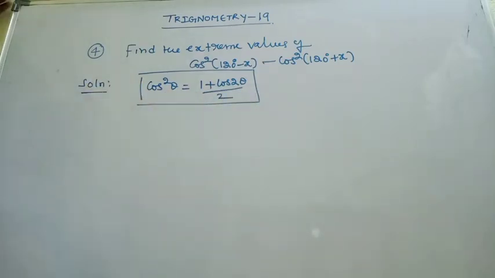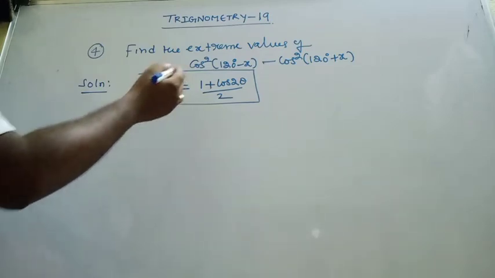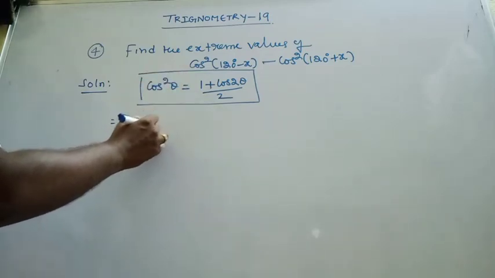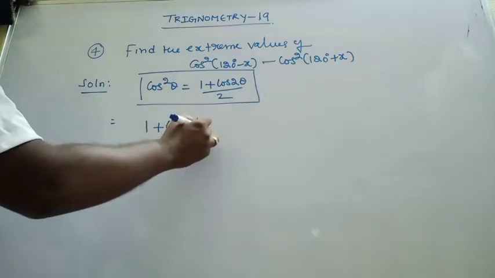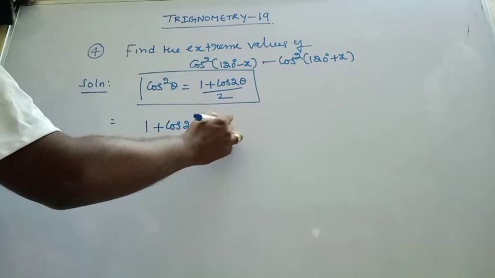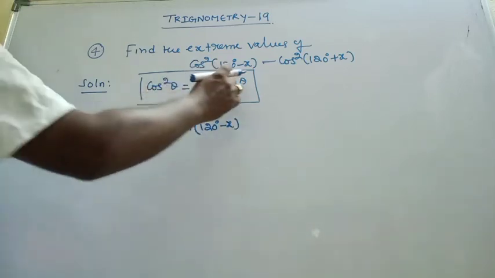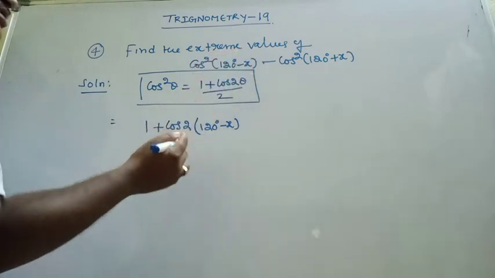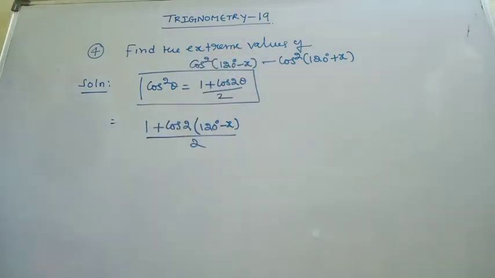Using this fact, you are going to write cos square 120 degrees plus or minus x. That is nothing but 1 plus cos 2 into theta, by 2. Theta is here 120 degrees minus x, like this, right, my dear students?